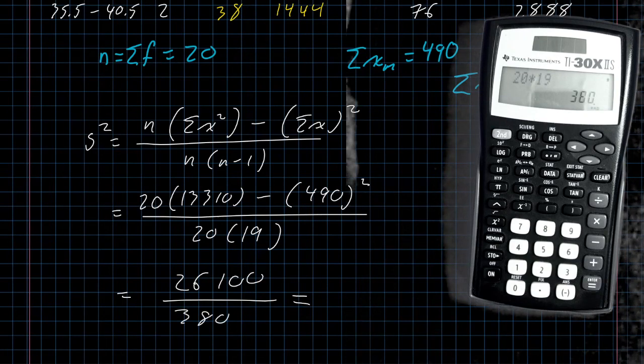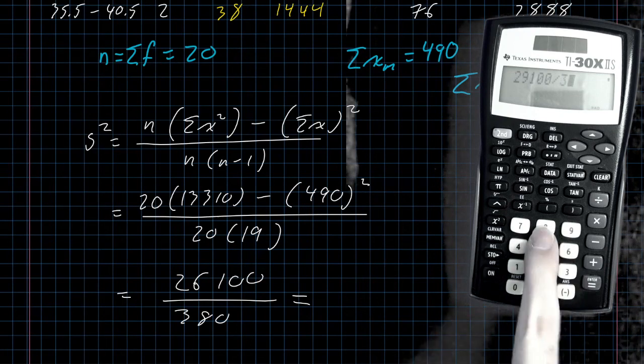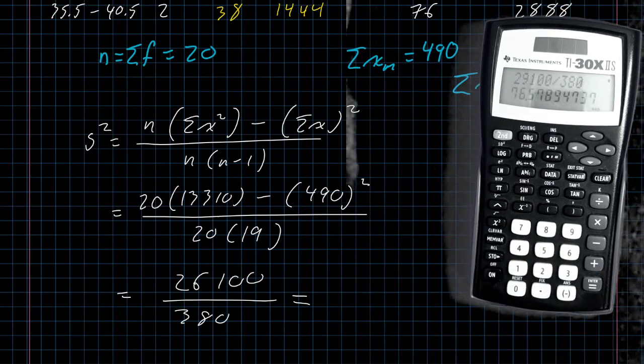And then do the division in a separate step. So I get here something that rounds to about 76.6 as my variance.